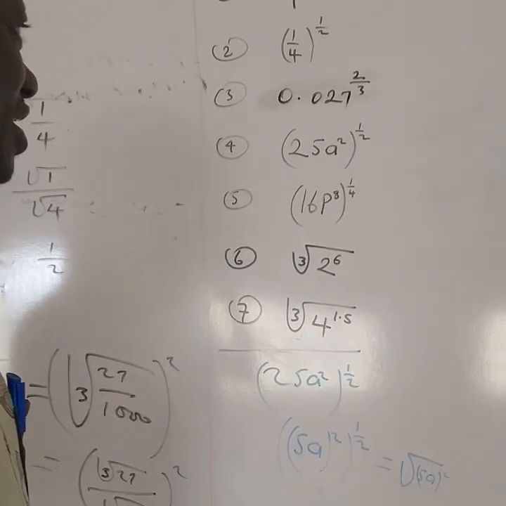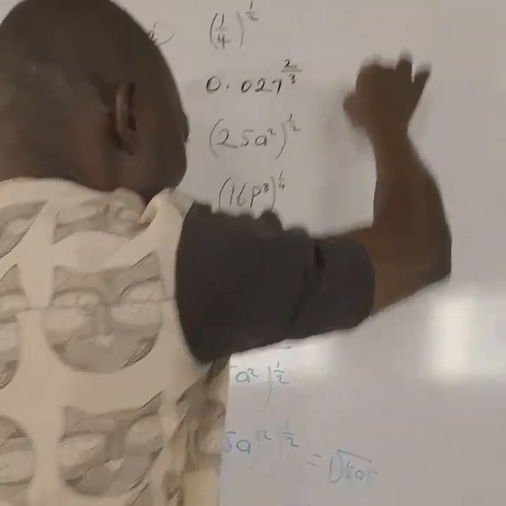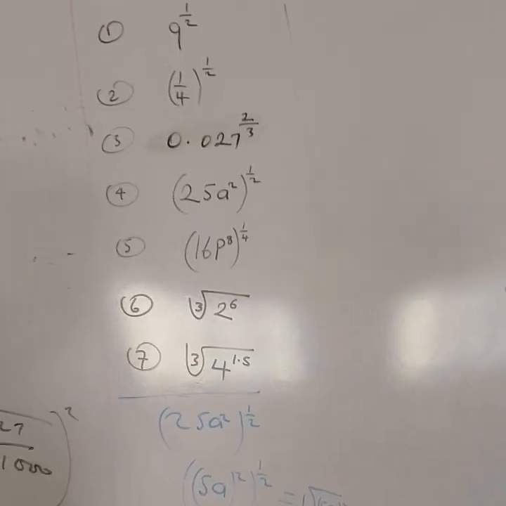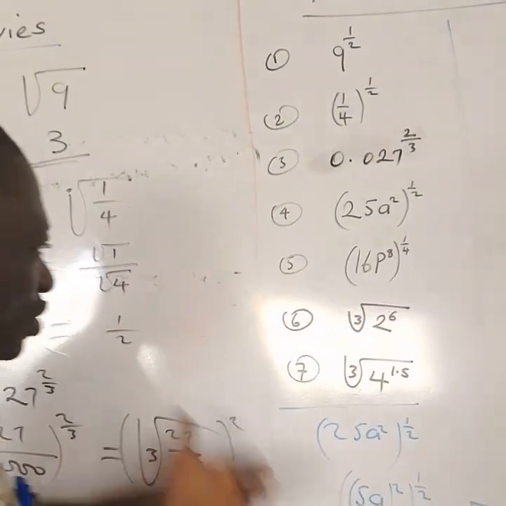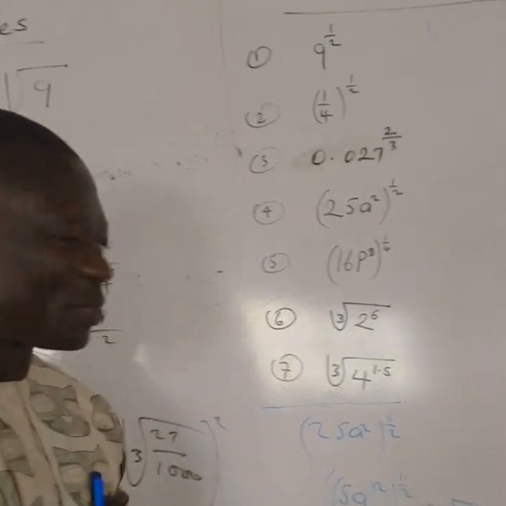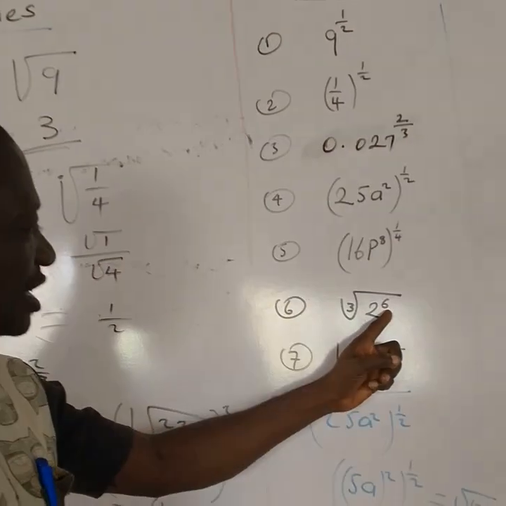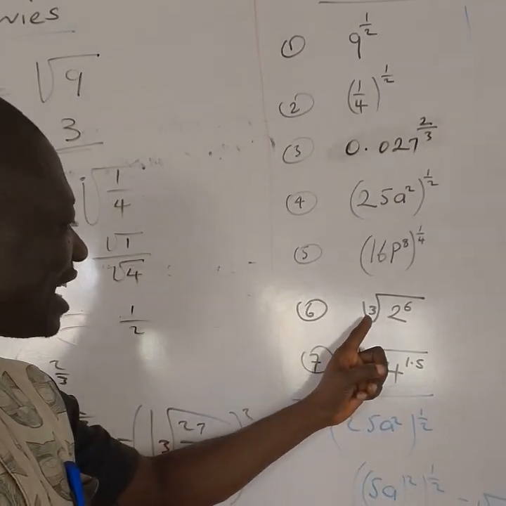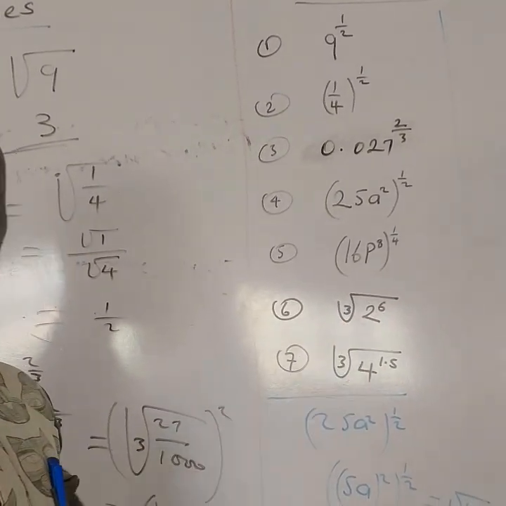We may continue like that to question number 6 and number 7. Let us watch and see how these questions are going to be solved using the same law. In this case, we have both power raised to power 6 here and cube roots.